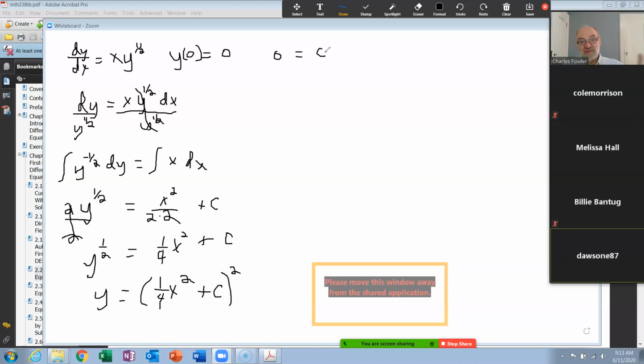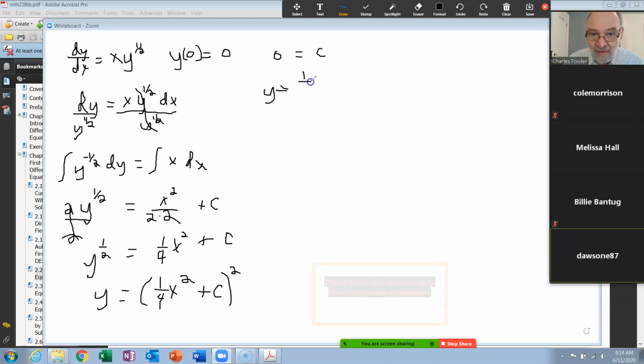Well, that just gives you the constant is 0. So 0 is equal to C. Done.